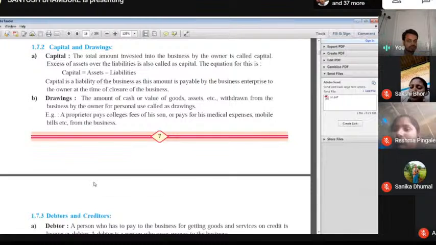Yes, Atharva, you said entry means exchange of something among the people. So what is the meaning of transaction? Yes, Reshma, my voice is coming, Reshma.